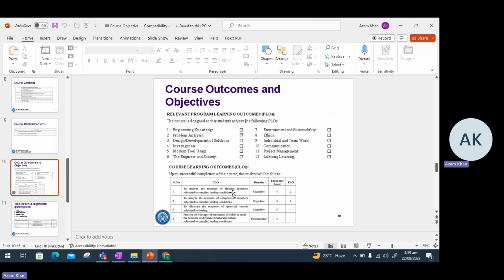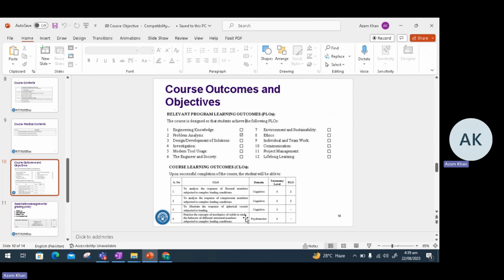The course objectives and outcomes are shown on the screen. This course is mainly related to analysis, and therefore the assigned PLO to it is 2, which is relating to problem analysis.